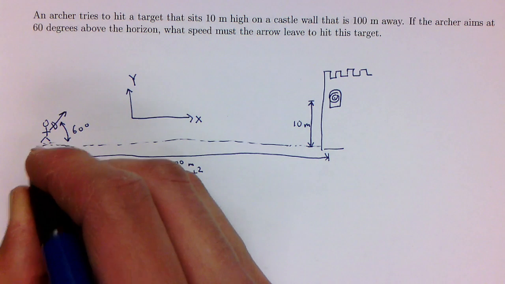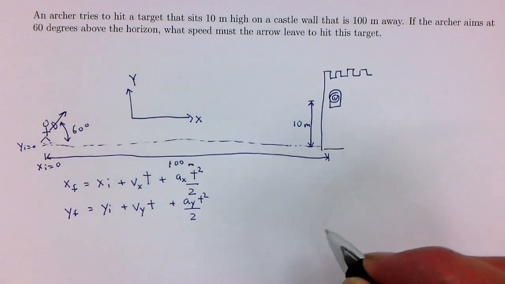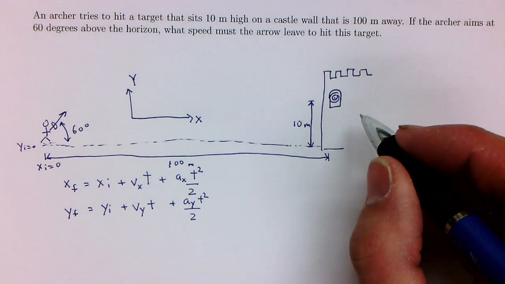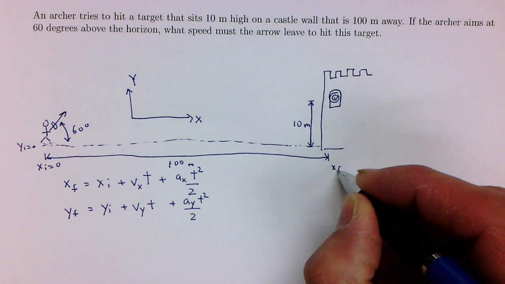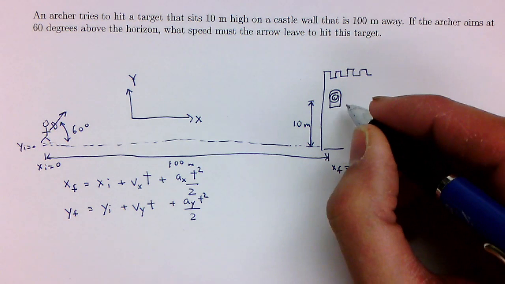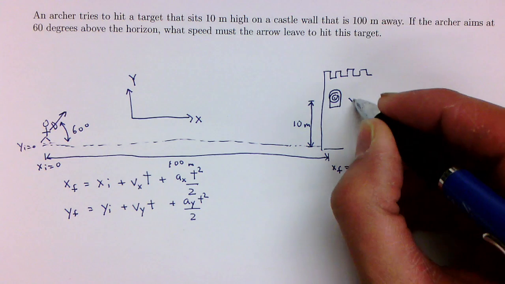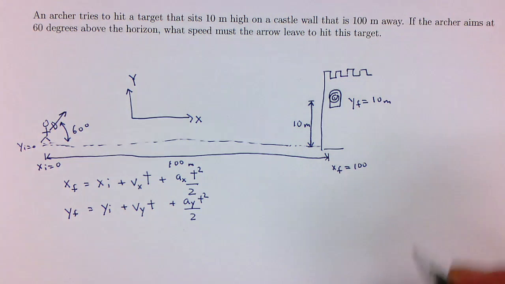Let's make level ground also y equals 0, so y initial equals 0. Now the final position is here, which is x final is 100 meters away, and the height of it is 10 meters up, so the final position y is 10 meters.